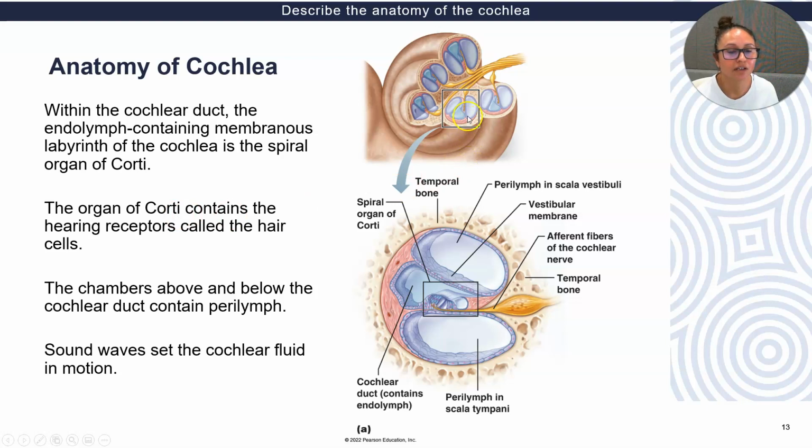As you can see here, it's all many chambers, and the organ of Corti is just this little piece here. We've got caves filled with fluid, and the organ of Corti sits in the middle.